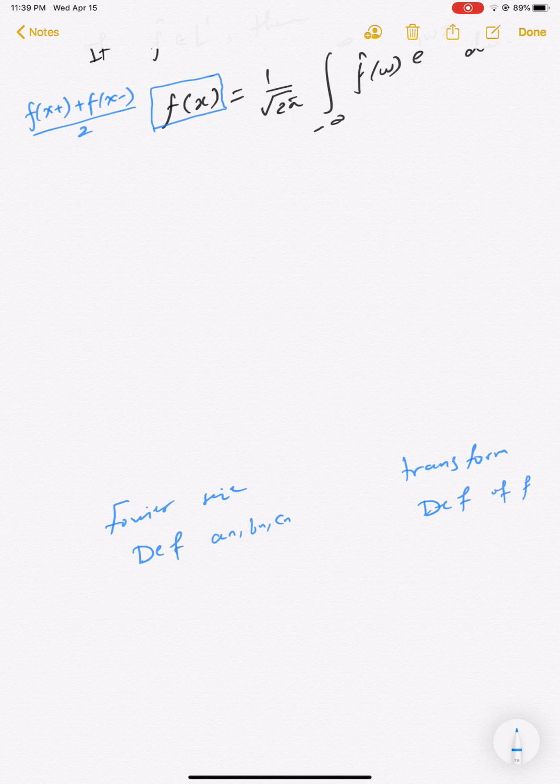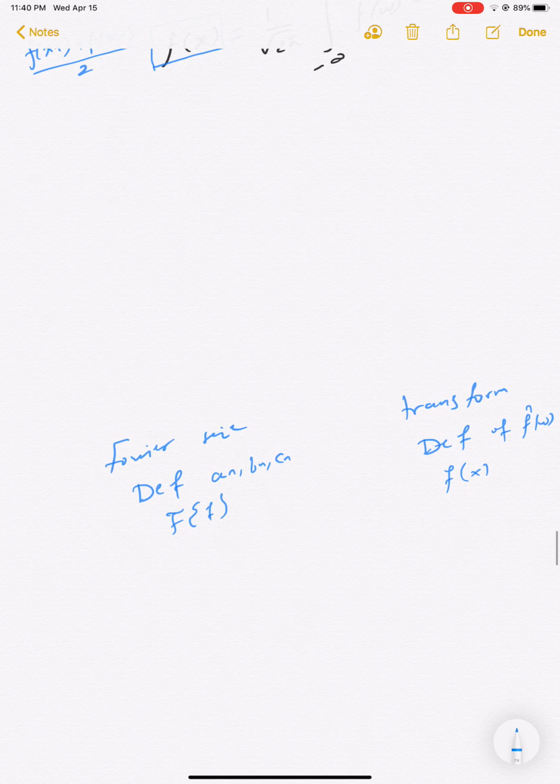Here we have the definition of f hat of omega. Then in Fourier series, we had the inversion formula, which is in fact the Fourier series itself. Then we had the inversion formula in the Fourier transform.